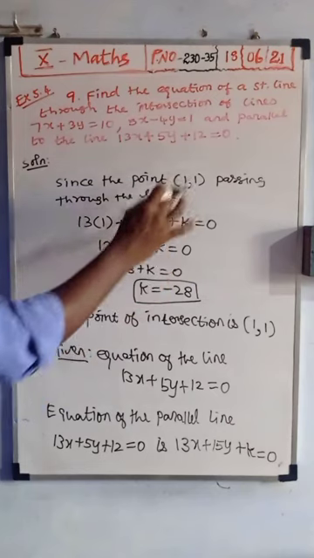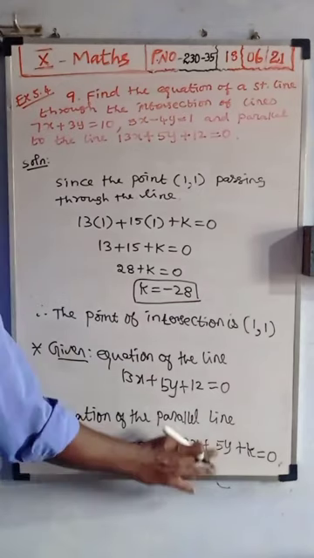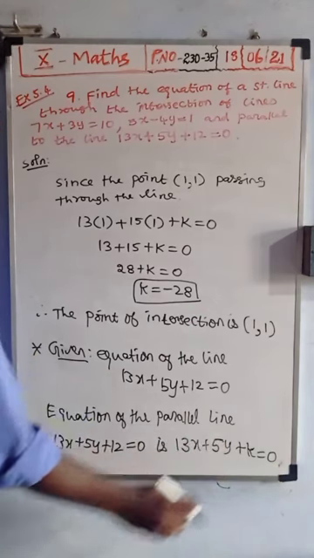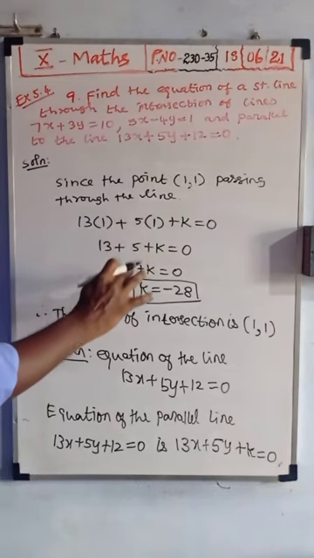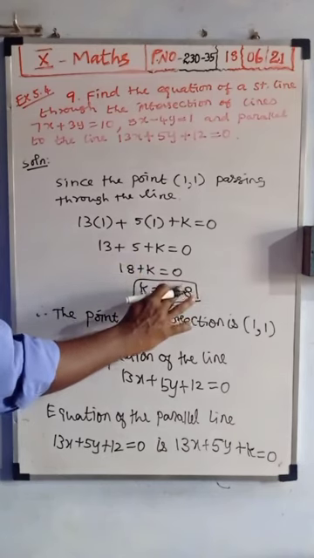Okay. So you substitute the point of intersection in the parallel line, and you will receive the k value. So 13x plus 5y, not 15y, 5y. 5 ones are 5, so 13 plus 5 is 18, so plus 18, that's why it goes minus 18.